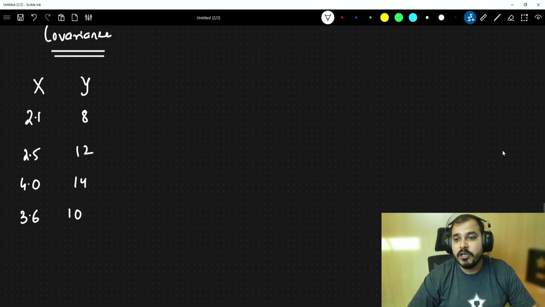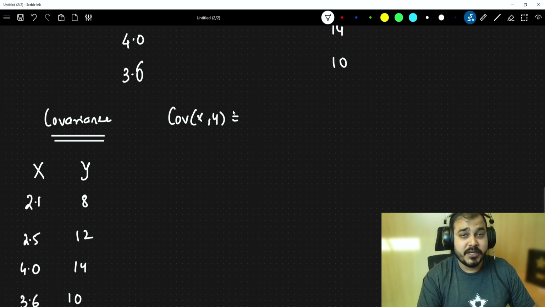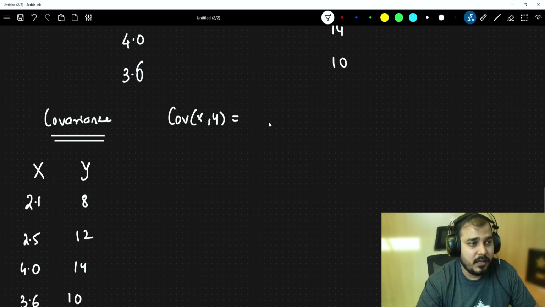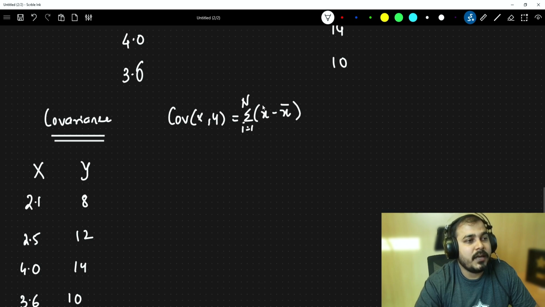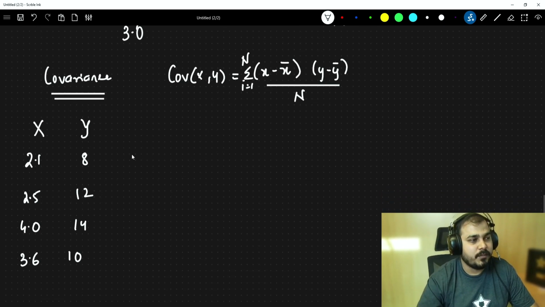Now I am going to find out the covariance between x and y, and obviously I know the formula of covariance of x and y. Let me consider that I have my population data. Yes, you can also do it with sample data, because then I'll divide by n minus 1. So this is nothing but the summation of i equal to 1 to capital N, (x minus x bar) times (y minus y bar), divided by capital N. The first thing that I really want to find out is x bar.